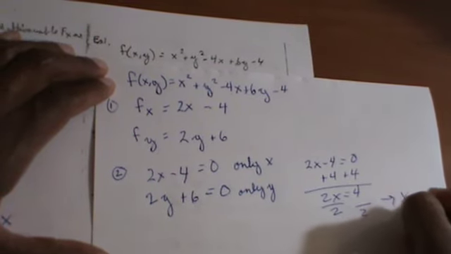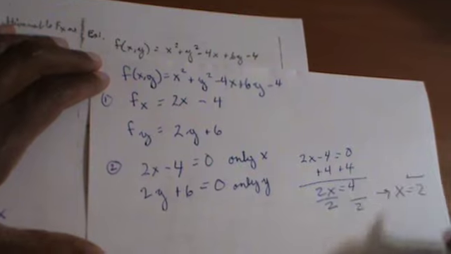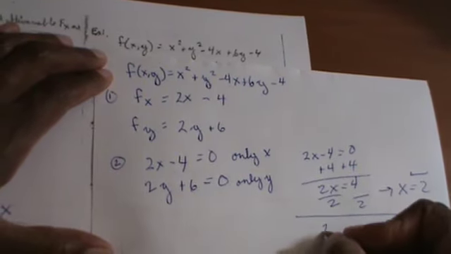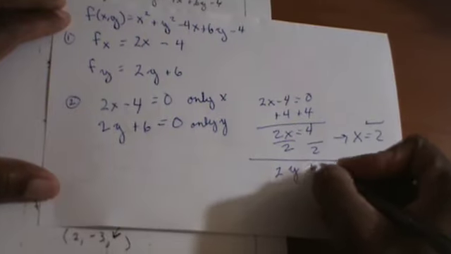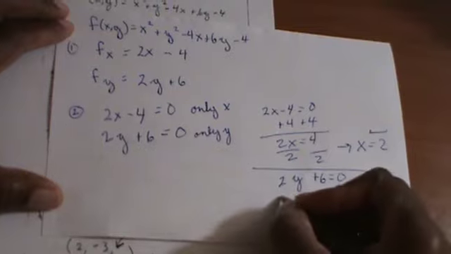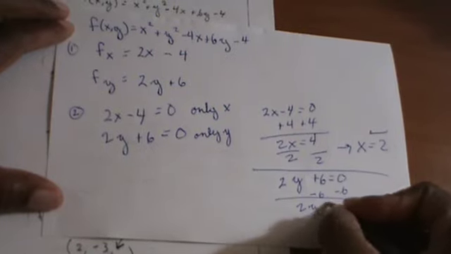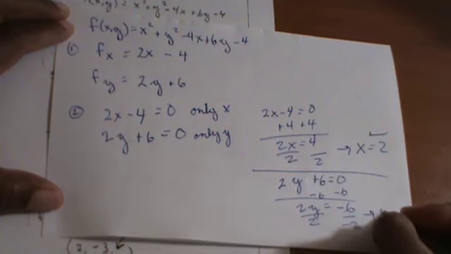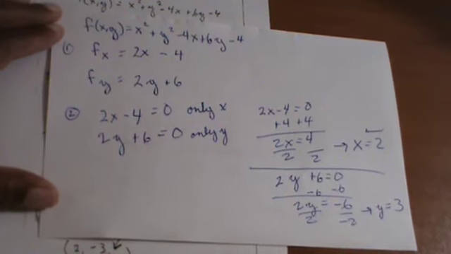This yields x equals 2. Done. All right? So for this one, you get 2y plus 6 equals 0. So subtract 6, subtract 6. 2y equals negative 6, divide by 2, divide by 2. This yields that y equals 3.